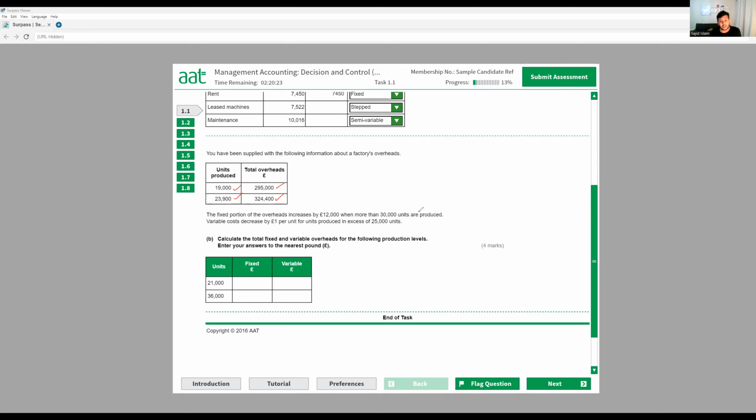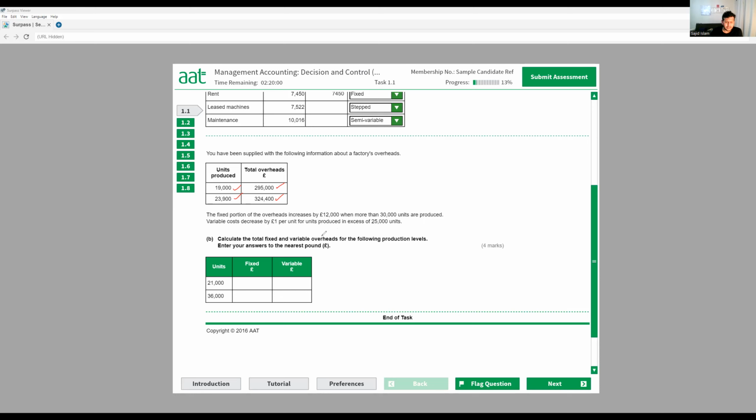Variable cost will be decreased by 1 per unit for units produced in excess of 25,000. So if I make more than 25,000 units, the variable cost will be decreased by 1 per unit.